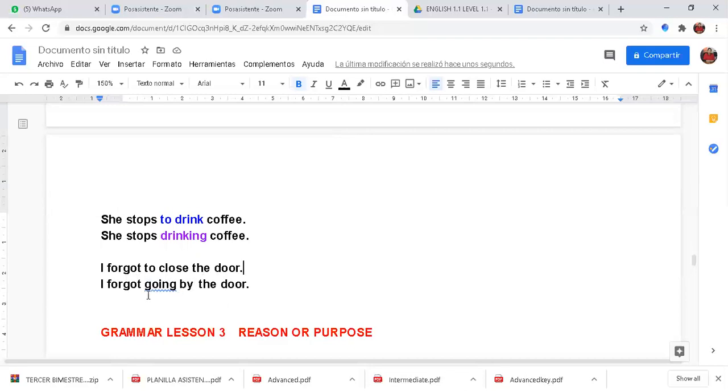Okay, but with gerund, I forgot going by train, or by train, not the train. Okay, I forgot going by train. You say, what? Was there a train in the past?